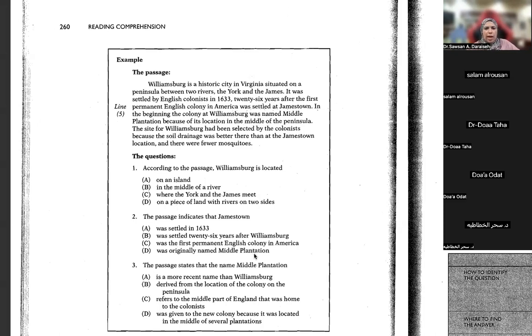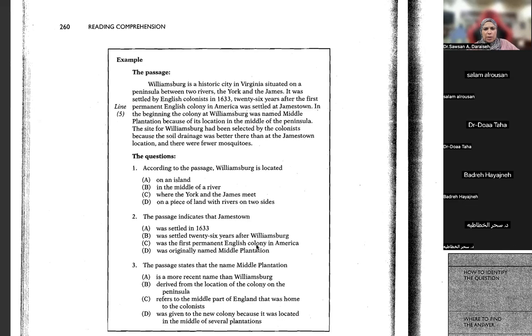Now, if you take a look at question 2, the passage indicates that Jamestown, here it is, was settled in 1633. Was Jamestown settled in 1633? Or was settled 26 years after Williamsburg?